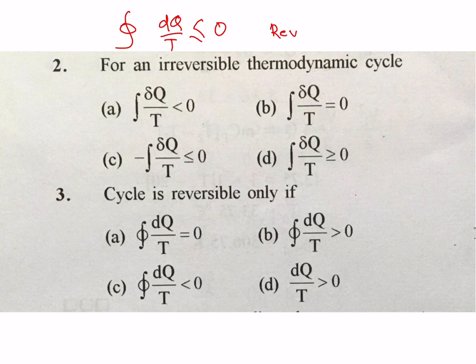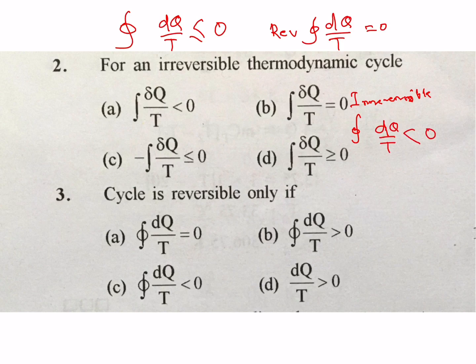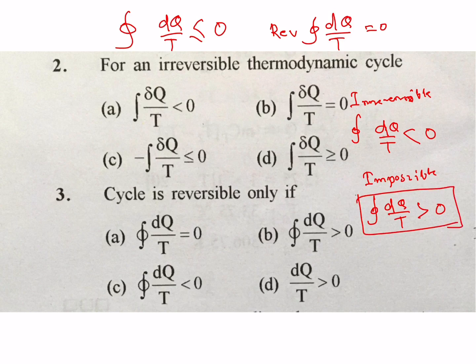For reversible, cyclic integral of dq by T is equal to 0, and for irreversible, cyclic integral of dq by T is less than 0, and for impossible, dq by T cyclic integral is greater than 0. This one is for impossible cycle.